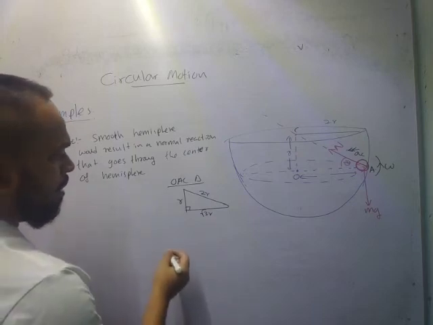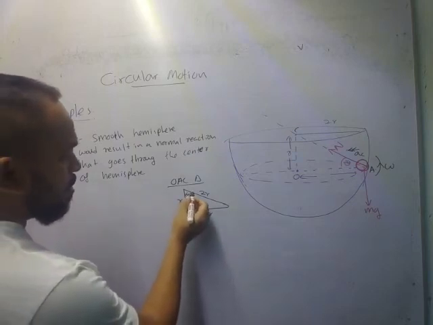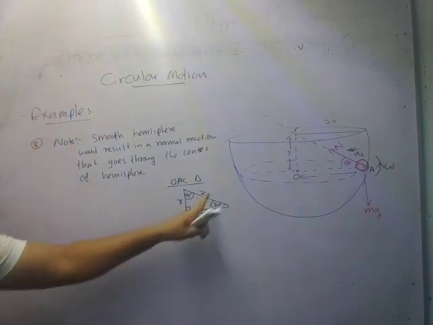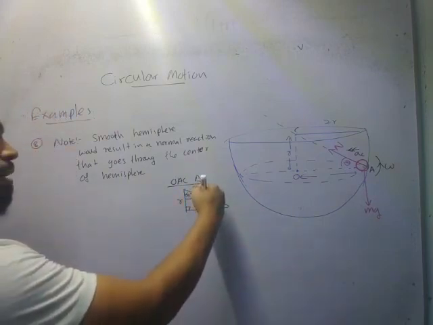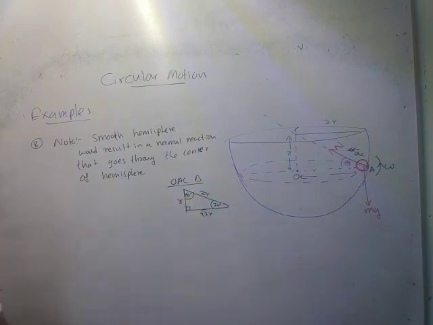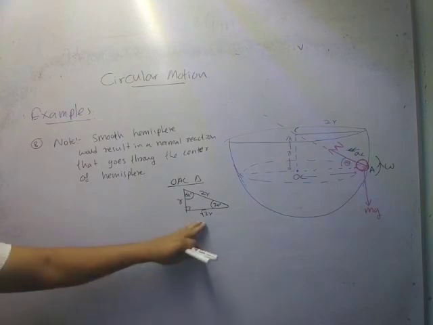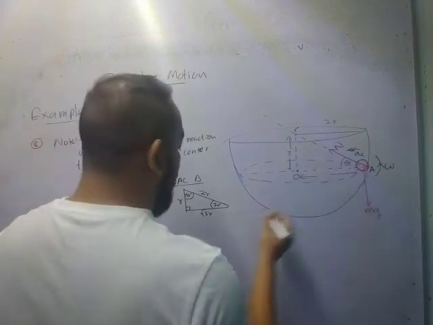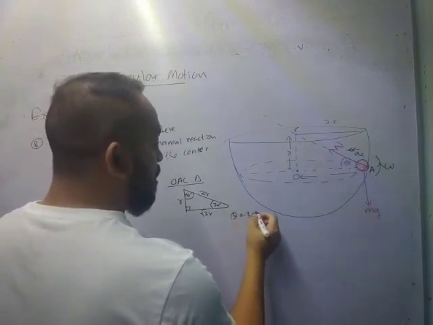So this angle should be 60 and this should be 30. It is a familiar triangle: 2r sin 30 is r, and 2r cos 30 is root 3 r. Since it has 2r and r, I took it directly. So this angle theta is 30 degrees.